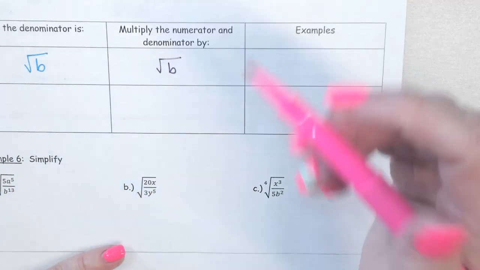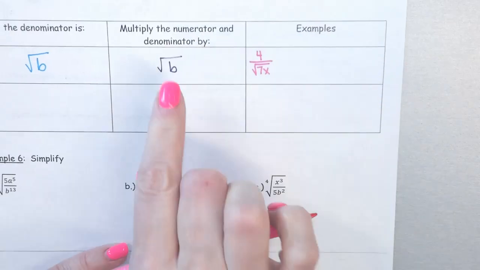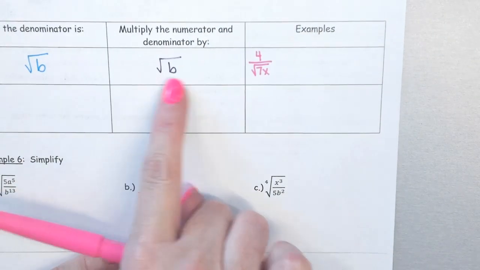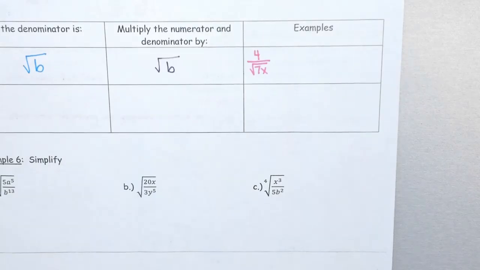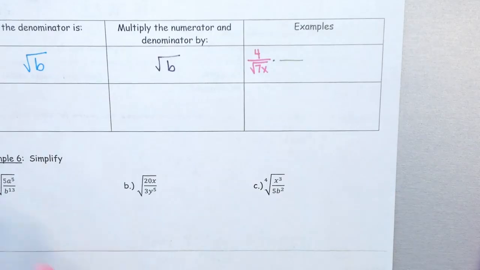So there's going to be a special pattern for that too. So if the denominator is a square root, you just multiply by the same thing. Okay, so write that down and then simplify.